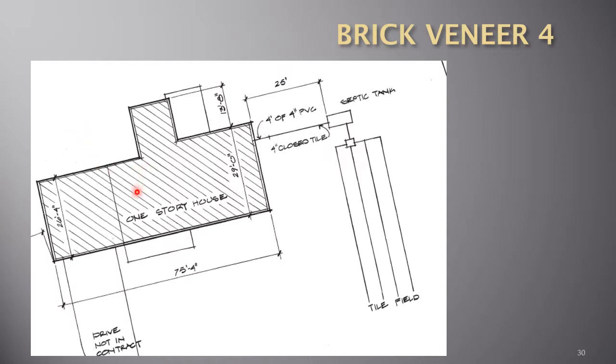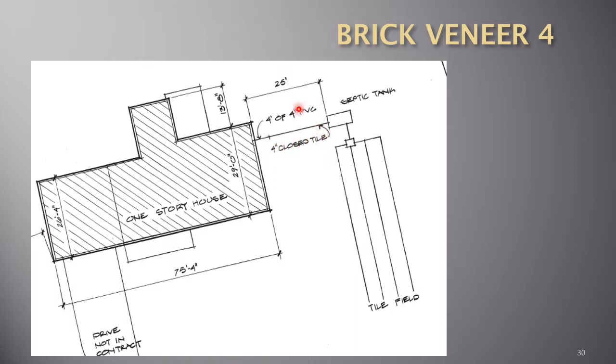Brick veneer 4 in the plot plan also calls for a sanitary system. Everything goes into a septic tank, and then there's a tile field for it to percolate out.